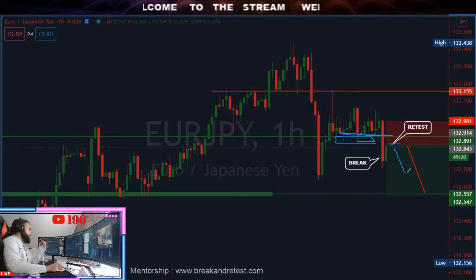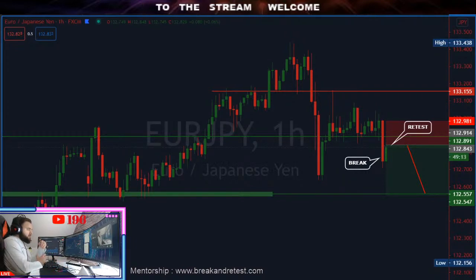If not, I'll be happy with what I have. Expecting continuation now. It's the first minutes of doing the retest. We can expect continuation in the next few minutes. Even if it doesn't move in the first 30 minutes, we can count on it till the last 10 minutes of the candle.